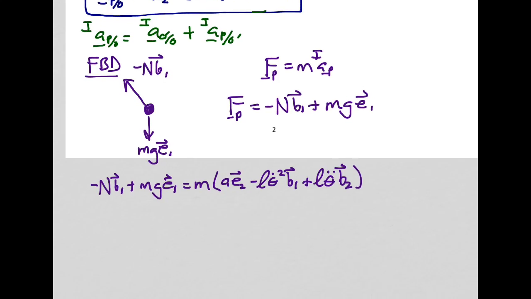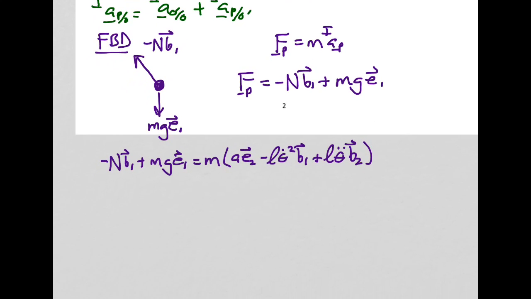And so we need to convert into the same basis so we can continue to get our scalar equations. You can see here that we've got a B1, a B2, an E2 and an E1.